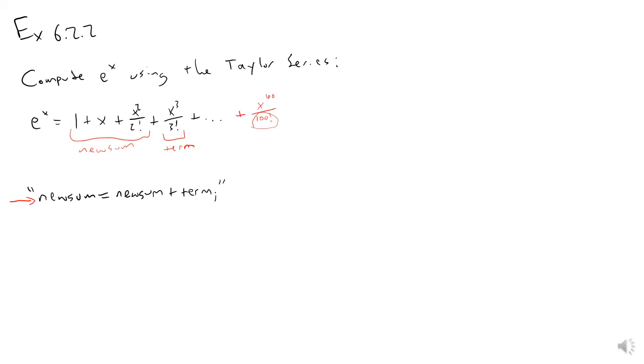Something that's interesting, if you read the example, they say that this code works fine if x is greater than 0. So for any positive x values, this will give us a good approximation to the true answer.